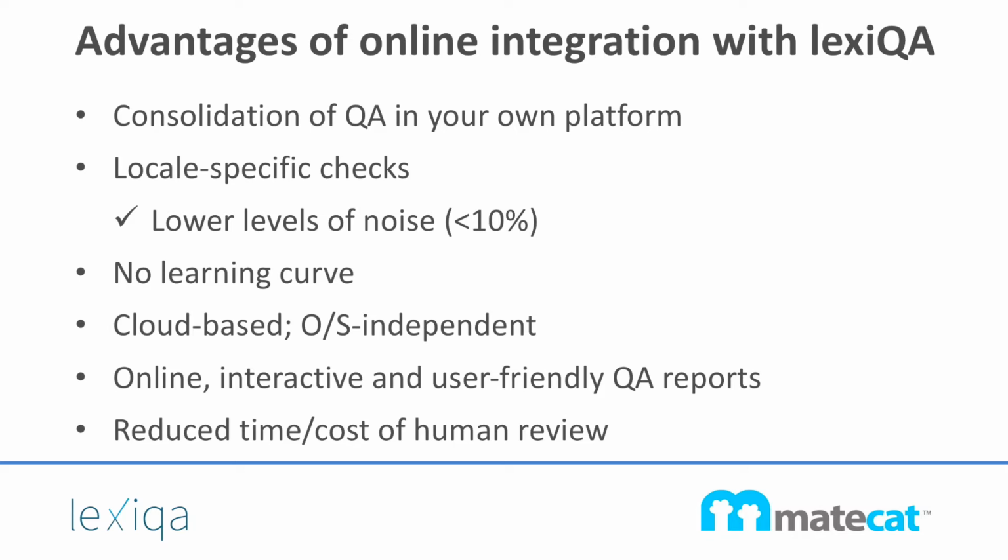Because it's all built in your own translation platform when it's integrated, that means that you don't have to go through a learning curve of trying to find out how the tool works and what it does. It's all very intuitive, and because it's all online, it means that there are no issues of compatibility across different systems and different platforms.